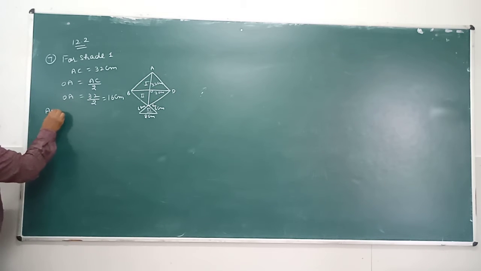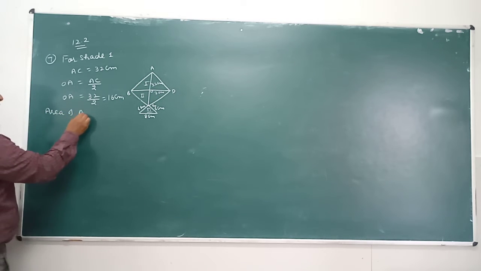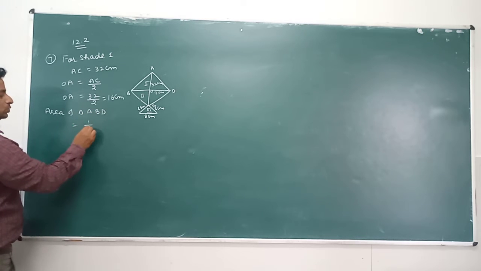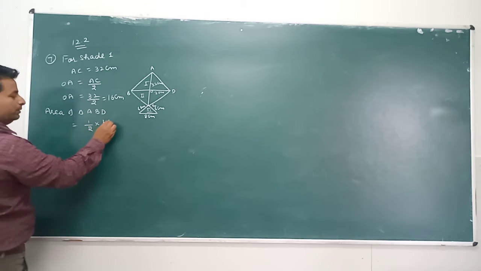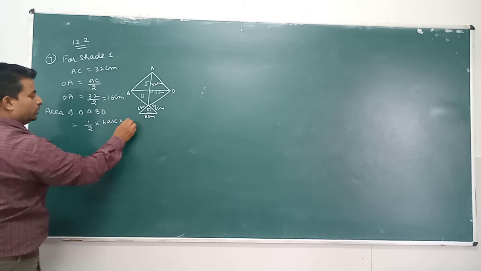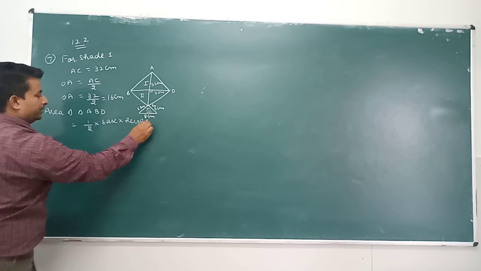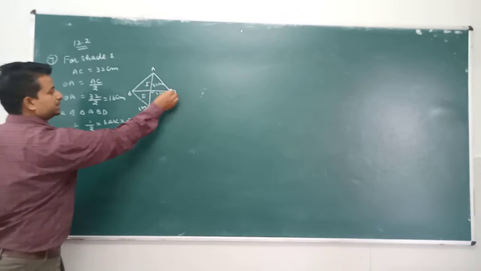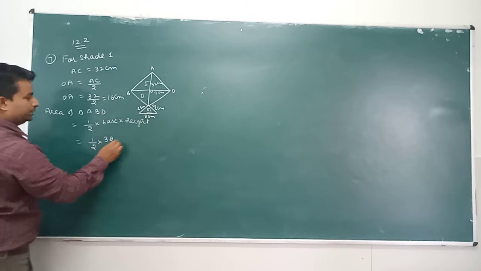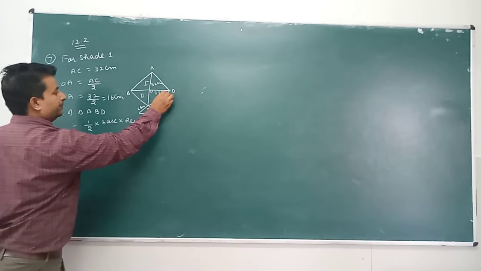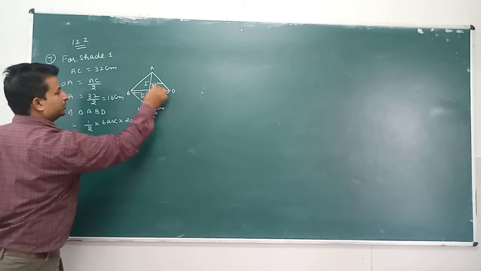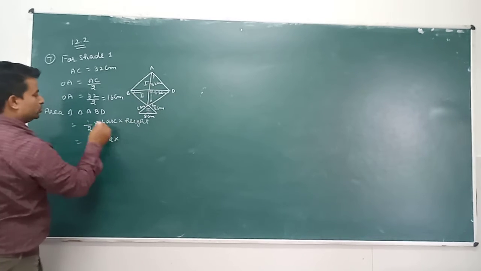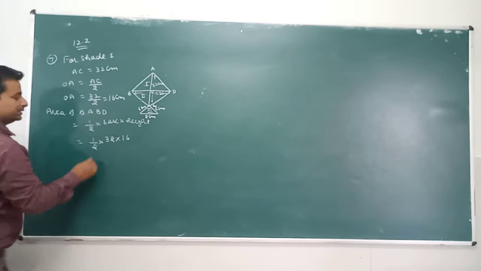So area of triangle ABD is equal to half into base into height. The base is this diagonal of 32 centimeters, and the height is OA, which is 16.